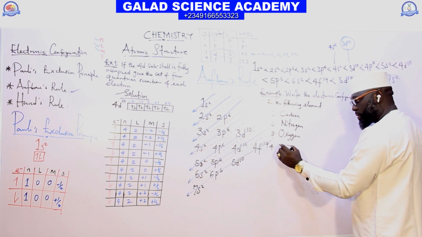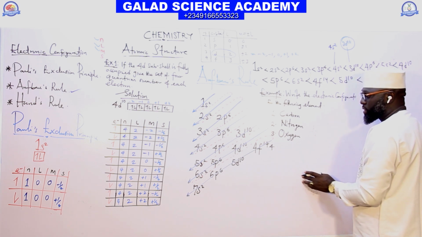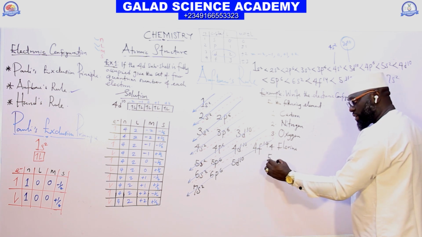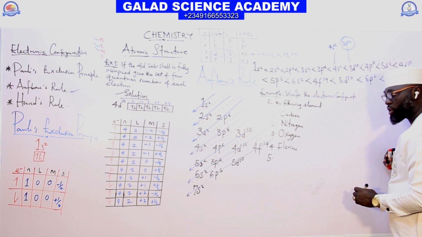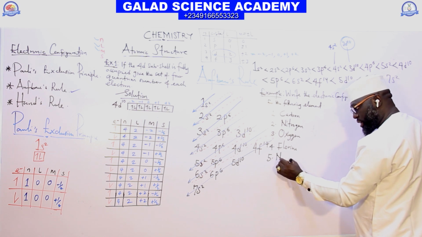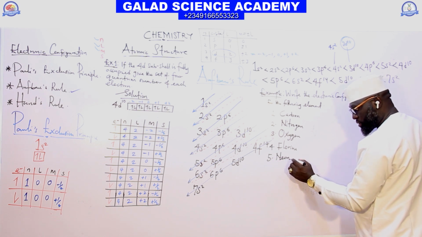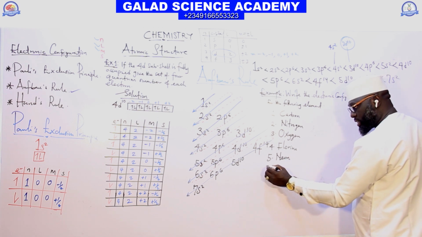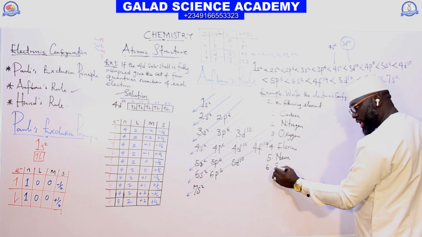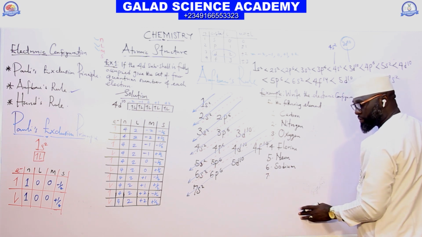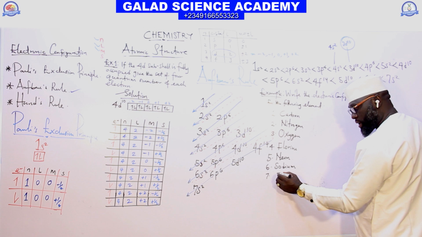Number 4, fluorine. Number 5, neon. Number 6, sodium. Number 7, aluminium.